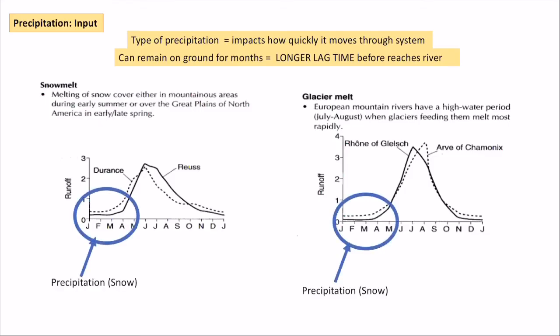On both of these graphs here, this is the runoff from a river, and we can see that the runoff is quite low in these early months. That's because the precipitation in both of these examples, a snowmelt and a glacier, is falling as snow in those early months.